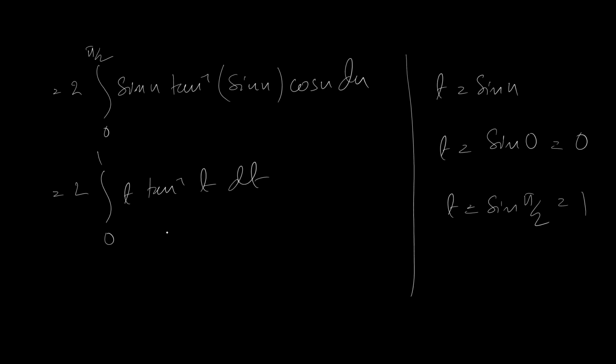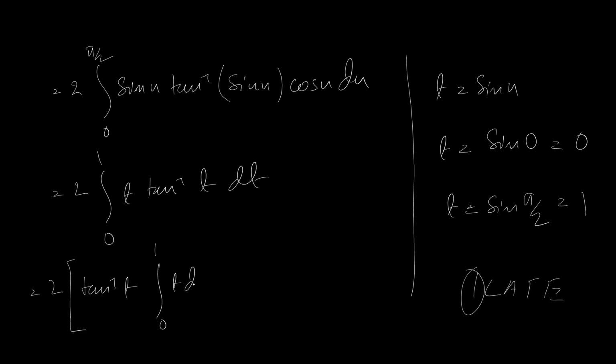Now here I will have to do integration by parts. By ILATE, the inverse function will be the first function. So this is 2 times bracket, tan inverse t integration 0 to 1 of t dt, minus integration of the derivative of tan inverse t times the integration of t dt.